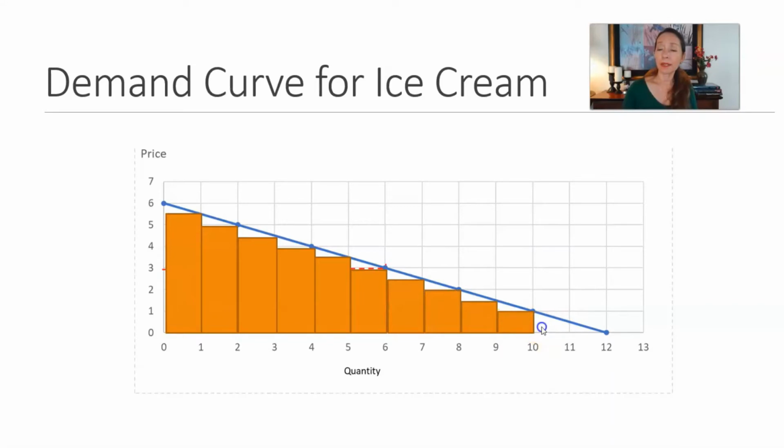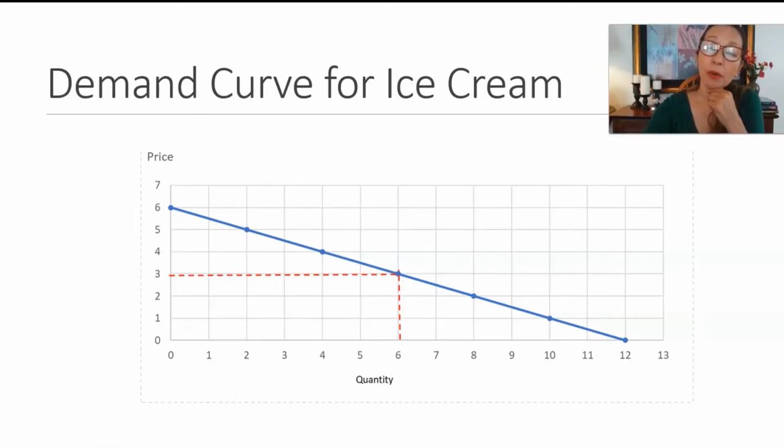In this way, we can see that the demand curve represents the marginal benefit that we get from consuming incremental amounts of the good or service in question, in this case ice cream. You note that the more that we consume, the value that we give to the ice cream becomes less and less. This is the concept of diminishing marginal returns.